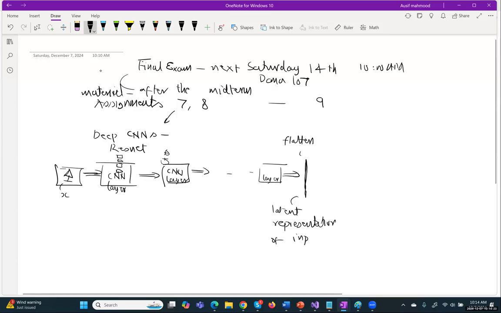Okay, so for example, let's say our input image is 100 by 100 pixels, right? You can think of it this way: this image is one point in a 10,000 dimensional space. As we are going through the different convolutions and different layers, we are transforming this into a relatively smaller dimension.